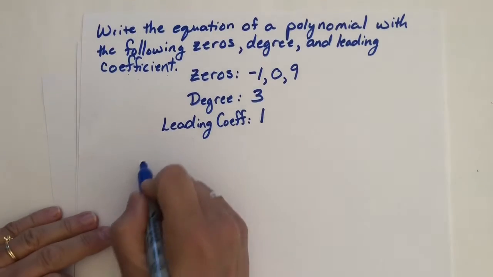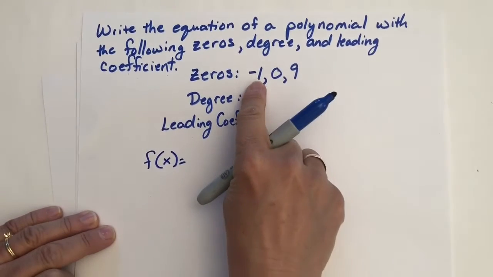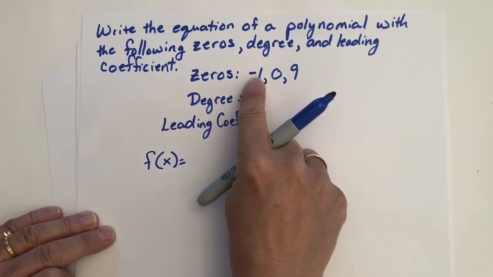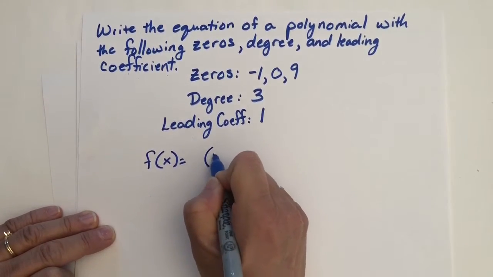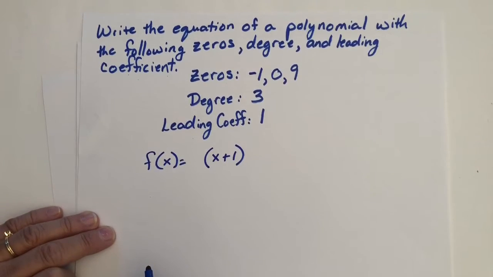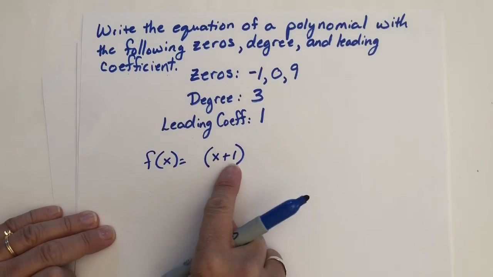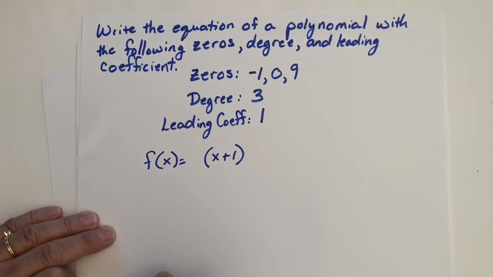Well, if we let f of x equal the polynomial, since -1 is a 0, we know that x plus 1 would be one of the factors of our polynomial, because it's always x minus that particular 0.